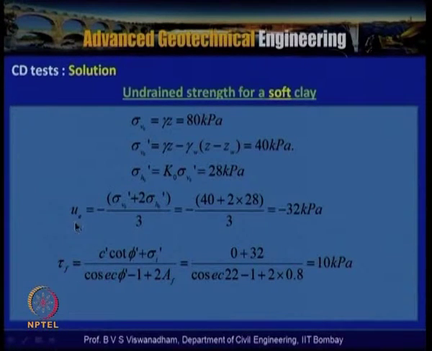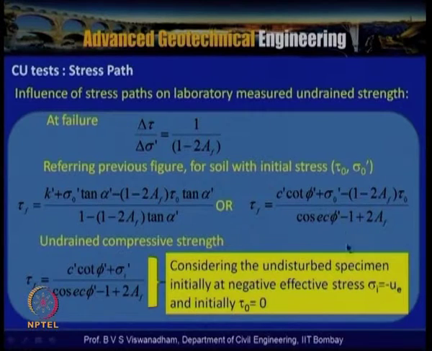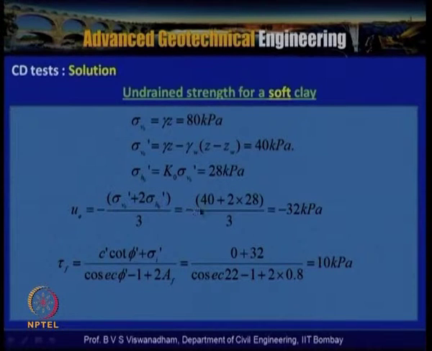So UE can be obtained by sigma' V naught plus 2 sigma' H naught divided by 3, that is the sigma V plus 2 sigma H. This is what we are estimating, and that is estimated as minus of 40 plus 2 into 28 by 3, which is minus 32 kilopascals.